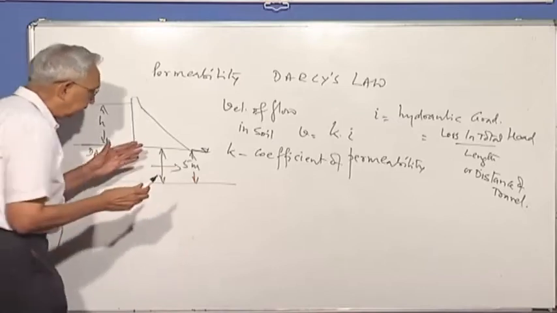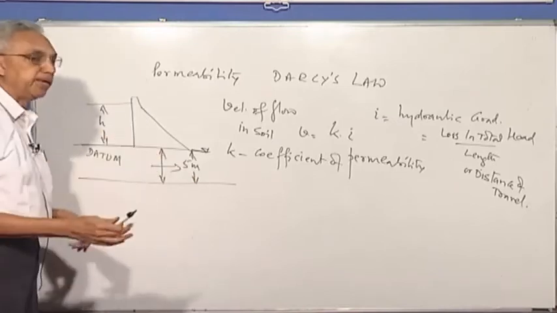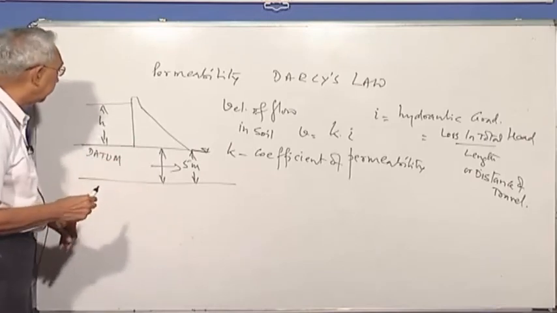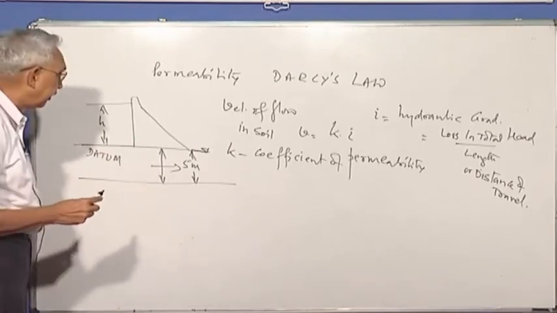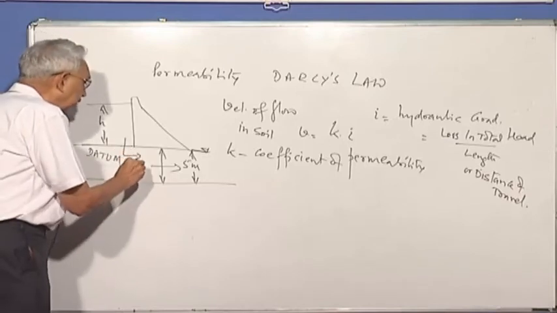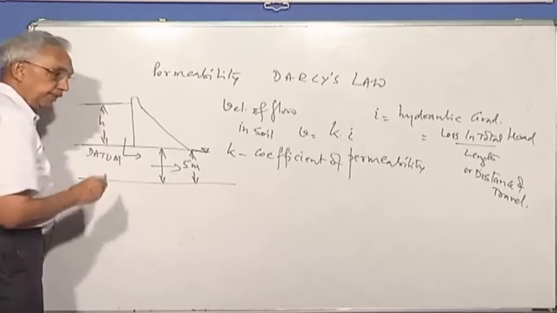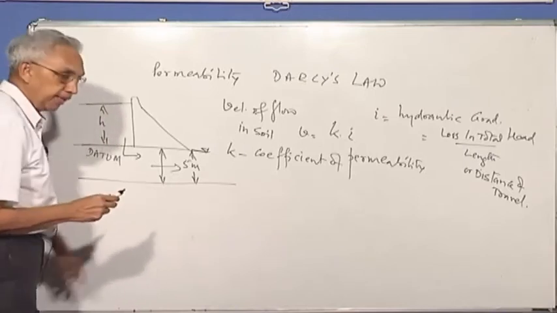And obviously the dam is very long, maybe running into 100, 200 meters or 1 kilometer. What you would like to estimate would be what will be the loss through the foundation because of storing of water of a certain height.